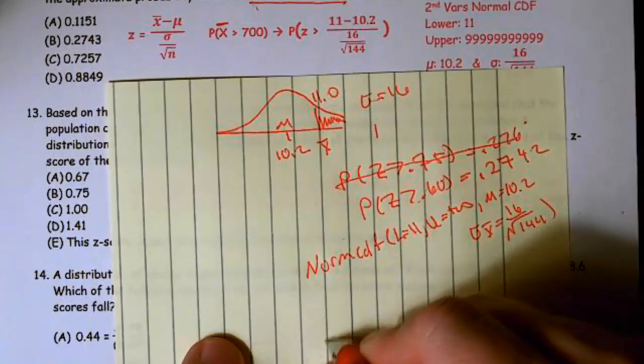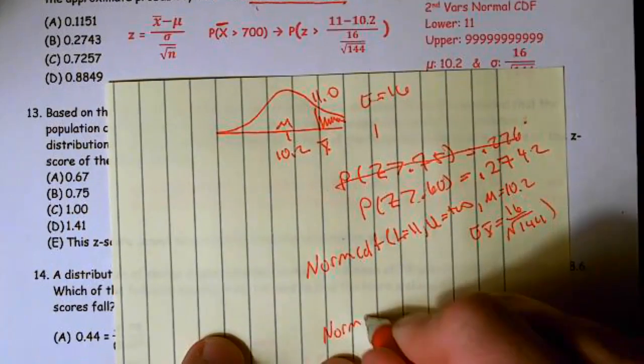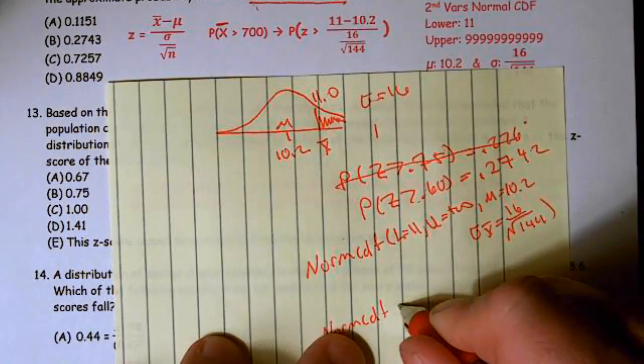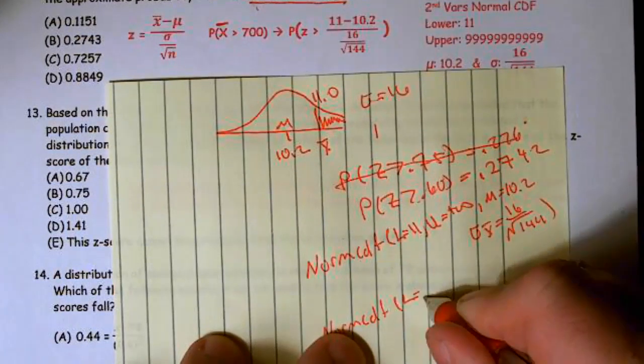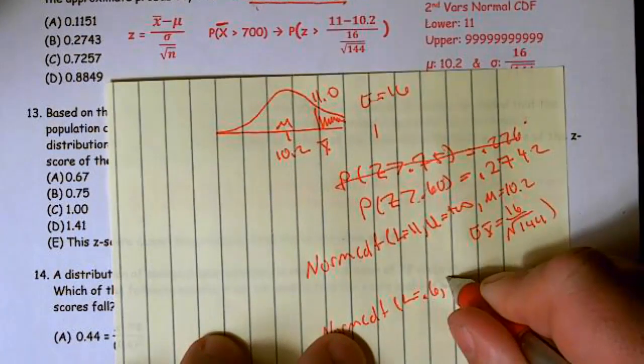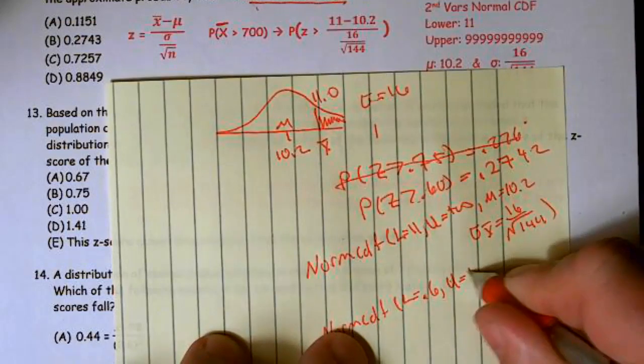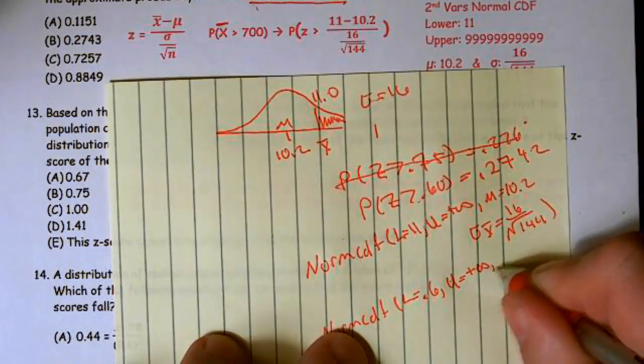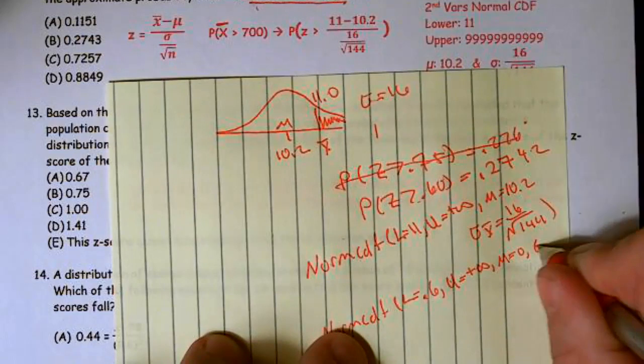Or norm CDF, lower equals our Z score of 0.6, upper is positive infinity, mean is 0, standard deviation is 1.